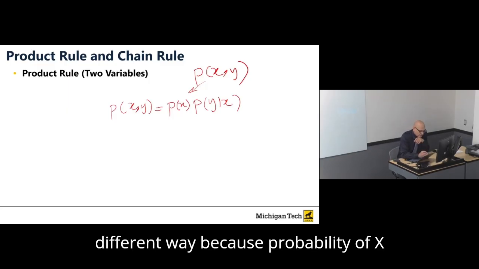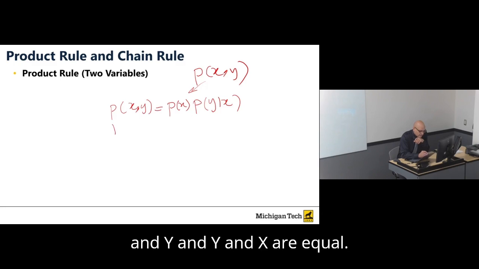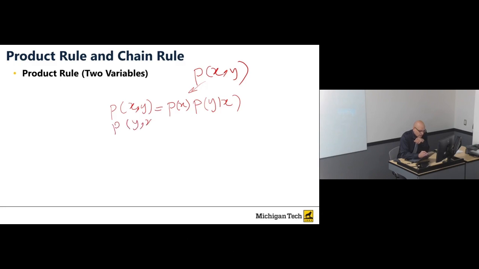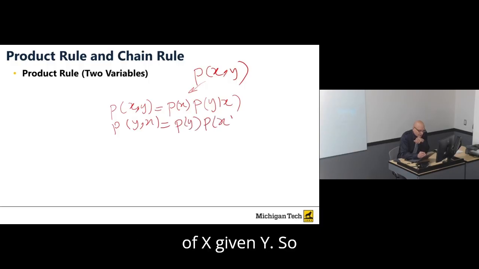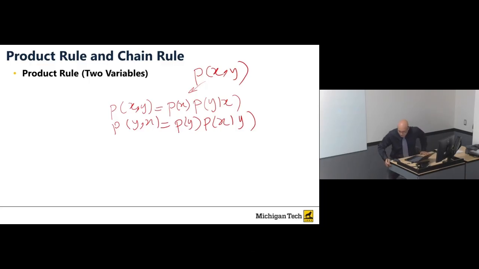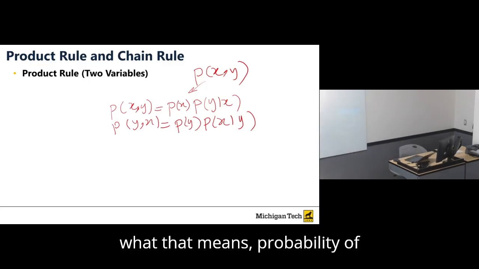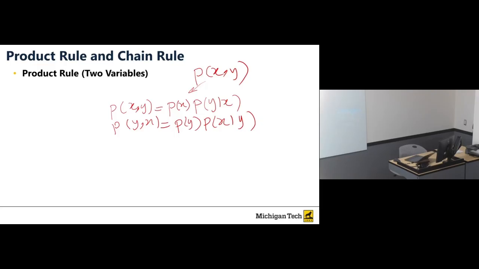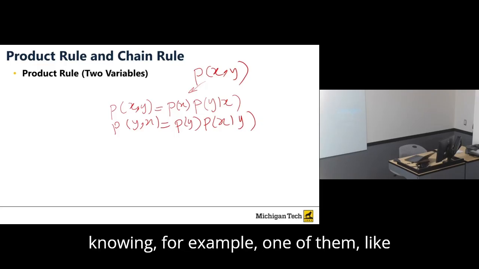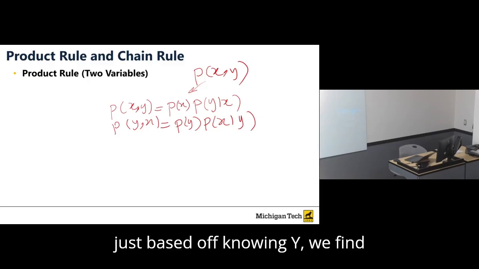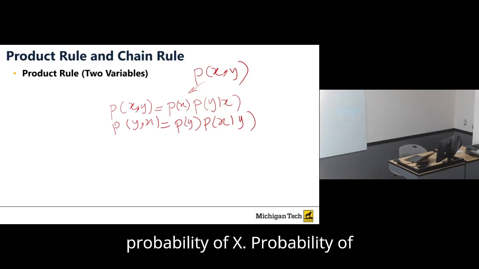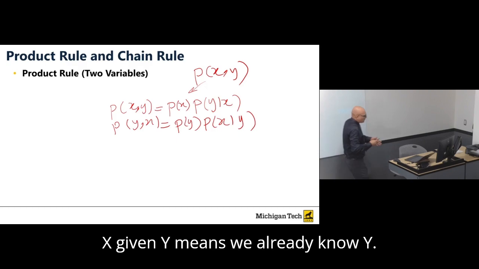You can write this a different way because probability of x and y and y and x are equal. You can also write P of y, P of x given y. So what that means is, probability of y and x is probability of knowing, for example, one of them, like y, and then based off knowing y, we find probability of x. Probability of x given y means we already know y.